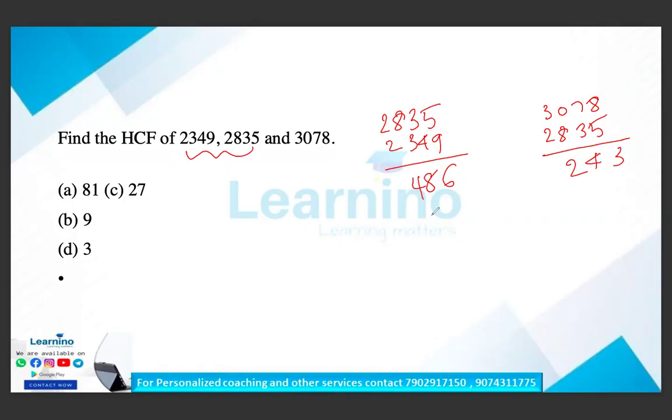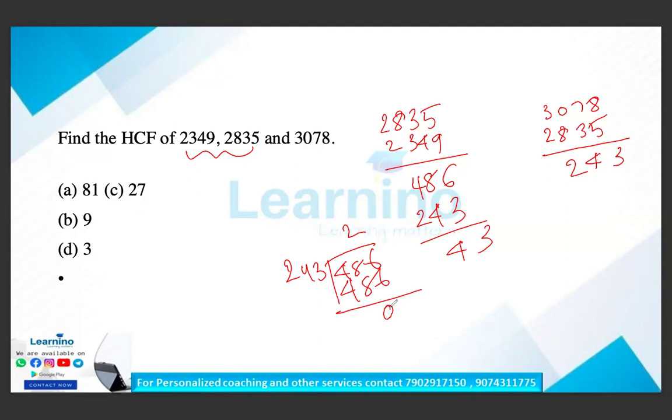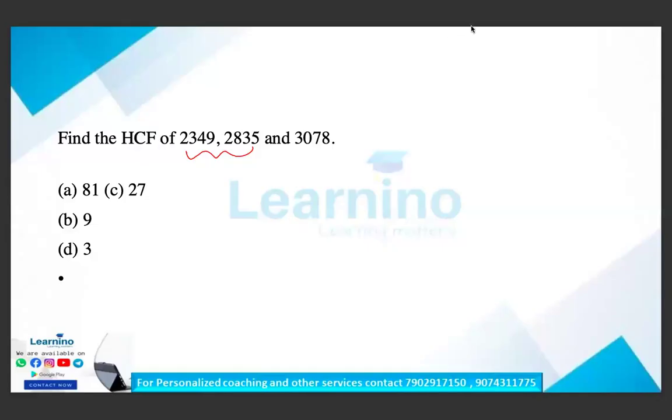Taking the HCF of these, divide 3078 by 2835. We will get 243 as the remainder.